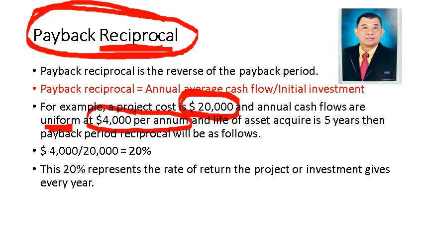It is very easy. You just substitute 4,000, your cash inflow, divided by your cash outflow, times 100 gives you 20%.